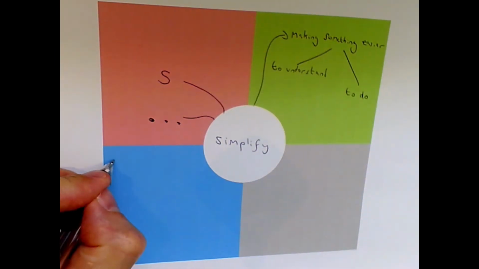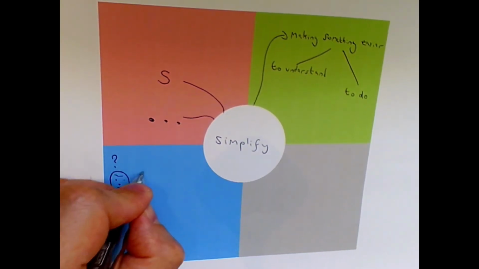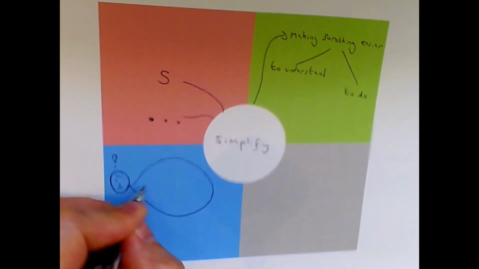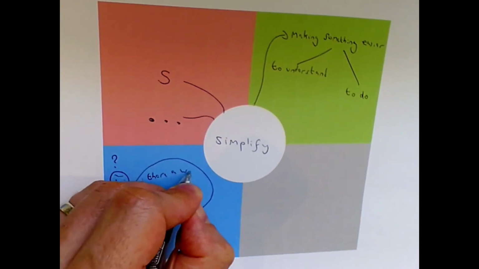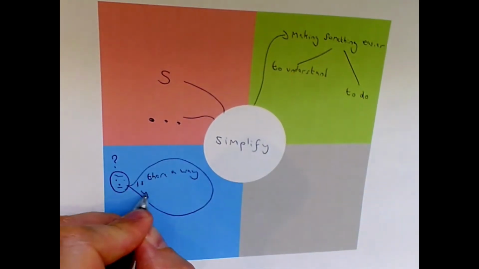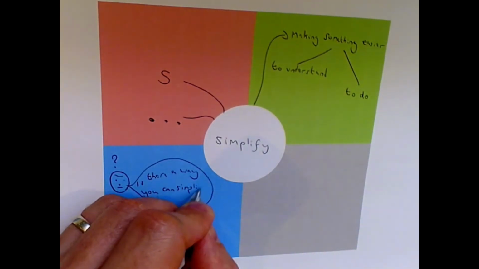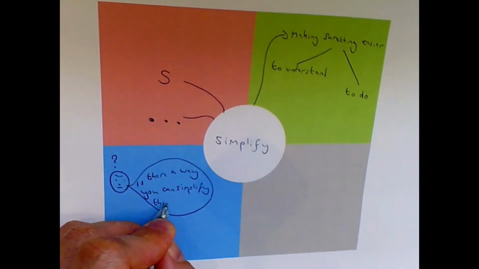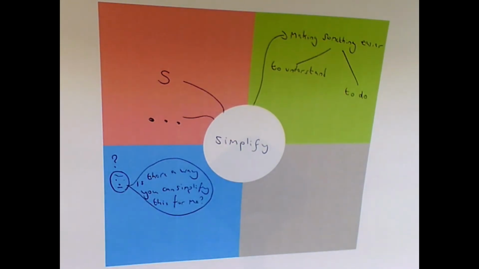You might say, if you're a bit confused, we'll draw a confused person and they can say, "Is there a way you can simplify this for me?" Is there a way you can simplify it? Is there a way you can make this easier to understand, easier to do?